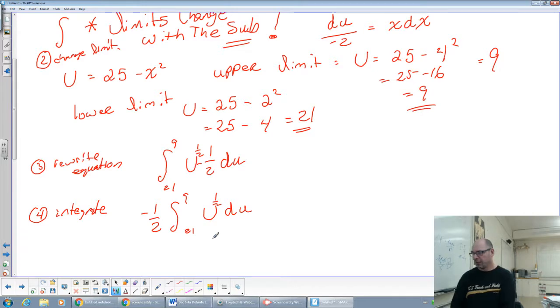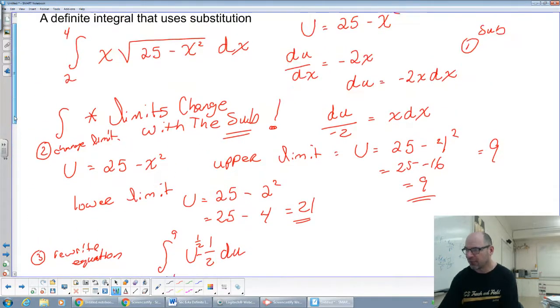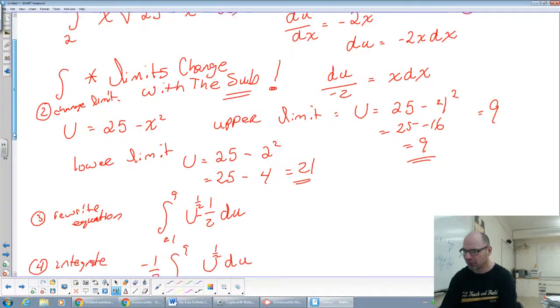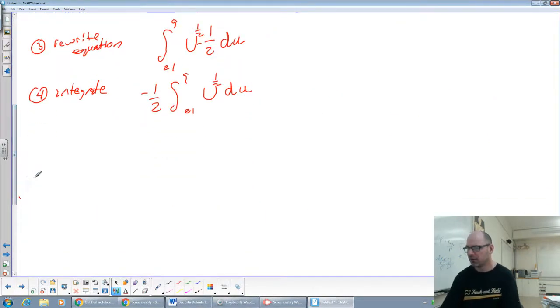Okay. So now we have to take the integral of it. The 1/2 comes because of this. This is a square root, right? This to the power of 1/2. Sorry about that, guys. I put that negative 1/2 there, but put that 1/2 because that represents the square root of u.